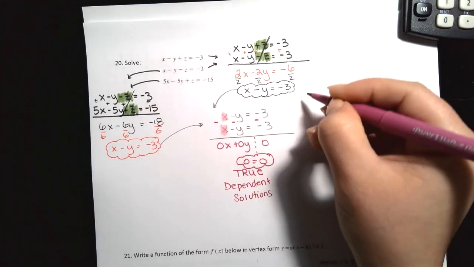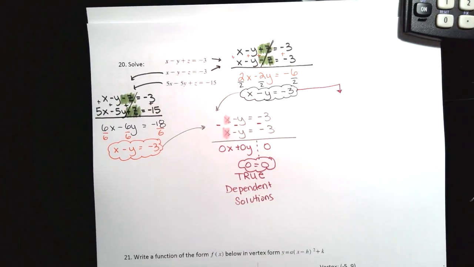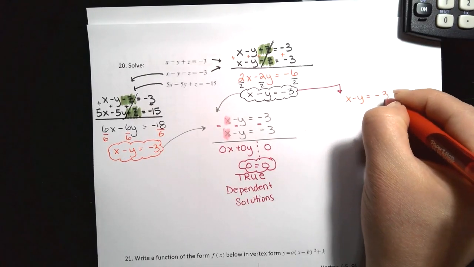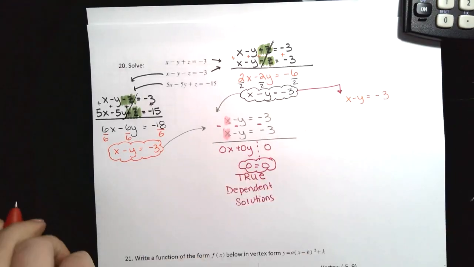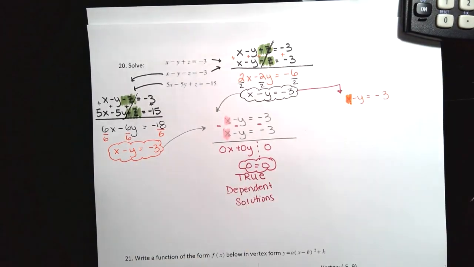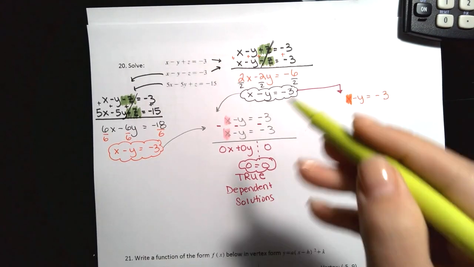So we are going to pick up, I have space here, so I'm going to pick up one of my equations. I'm going to say x minus y is equal to negative 3. And I'm going to choose to solve for one of the variables. I'm going to choose to solve for x by adding y to both sides.